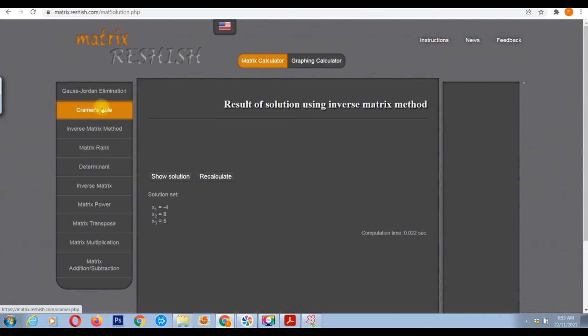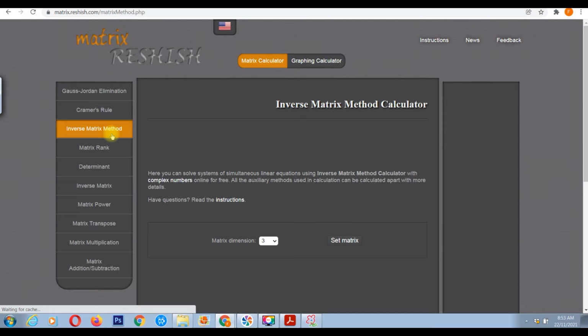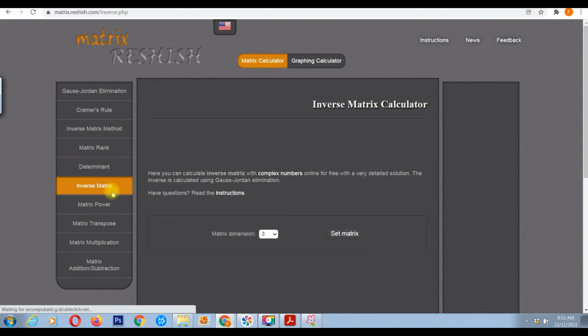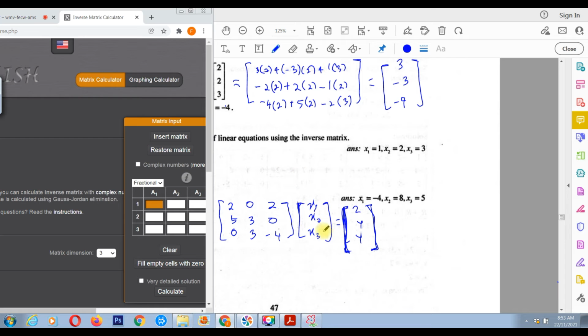So maybe you can use Cramer's rule, inverse matrix. This is the inverse matrix, just a set of matrices. Maybe you can just use the inverse matrix first, because we need to find the inverse first, and there are a lot of marks there.